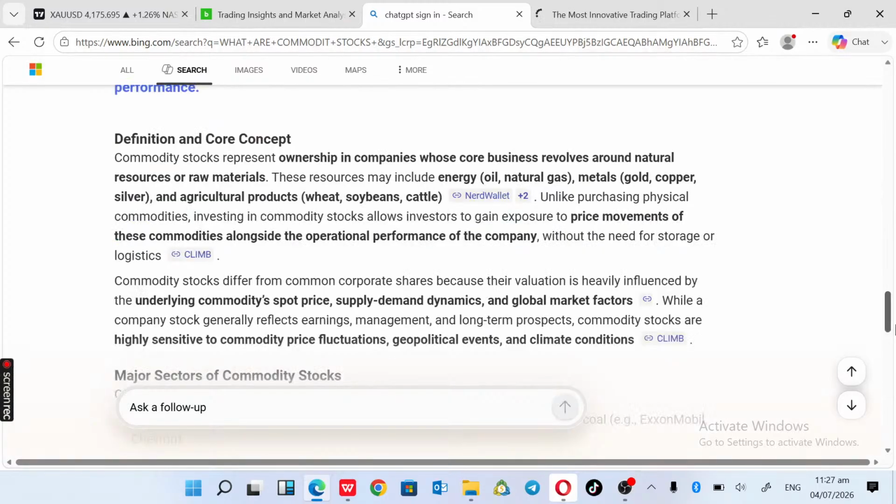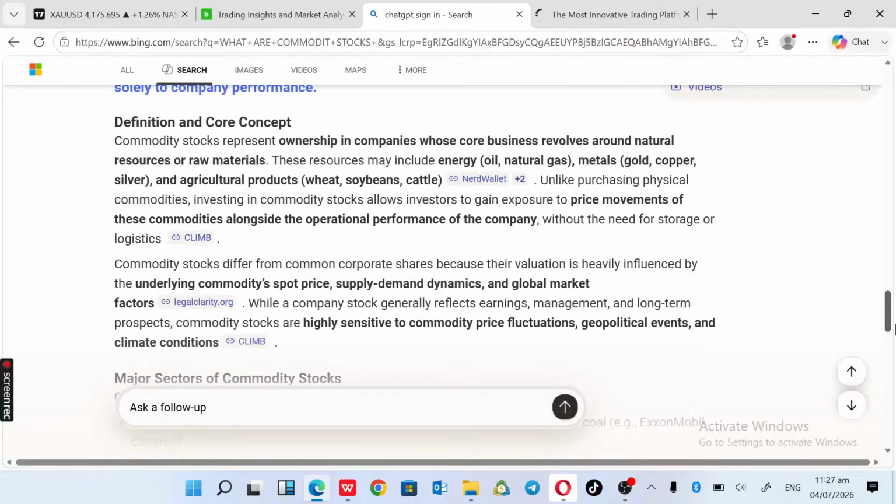Now look at what it said. Definition or core concept: commodity stocks represent ownership in companies whose core businesses revolve around natural resources. I told you oil and silver.